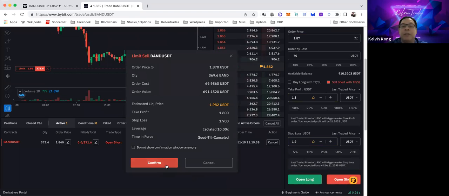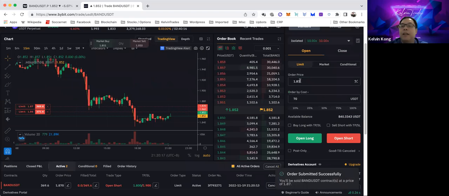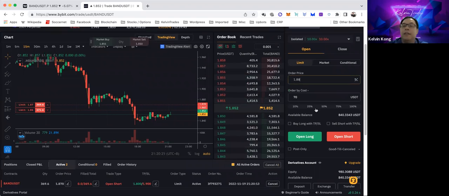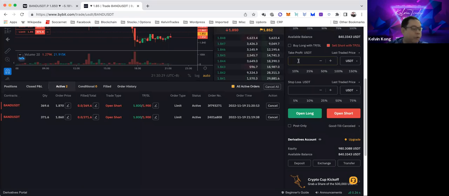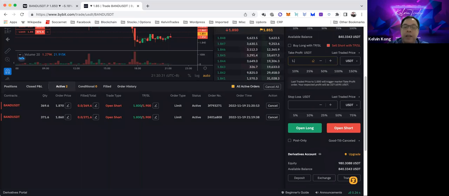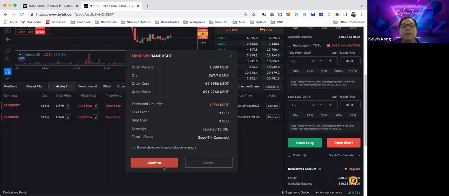Open another short position. And the next last one, 1.8. Short, take profit, 1.8, stop loss 1.9. Done. That's how you ladder in your orders.